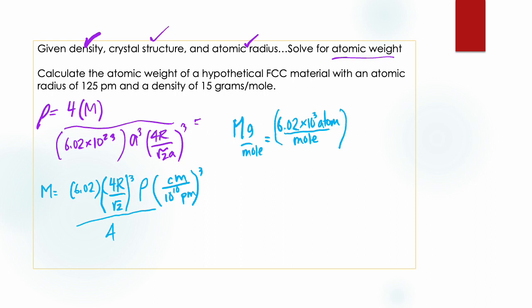And then I've got in my denominator 4 atoms per cell. All right, so that's good. And I've got, this is FCC, 4 atoms per cell.